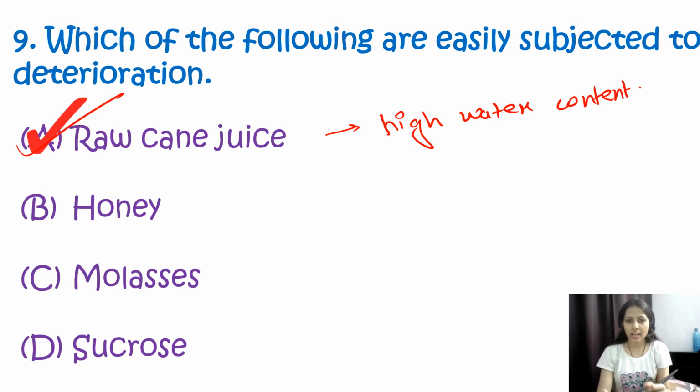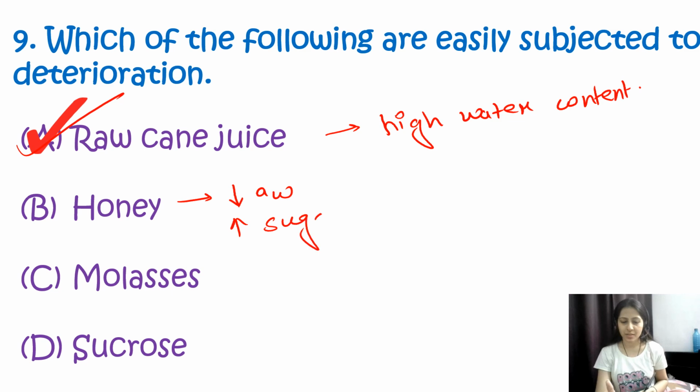Whereas honey has a very low water activity and high sugar concentration. High sugar concentration creates an inhospitable environment for most microorganisms, since it is naturally preserved and can remain stable for a long period of time.